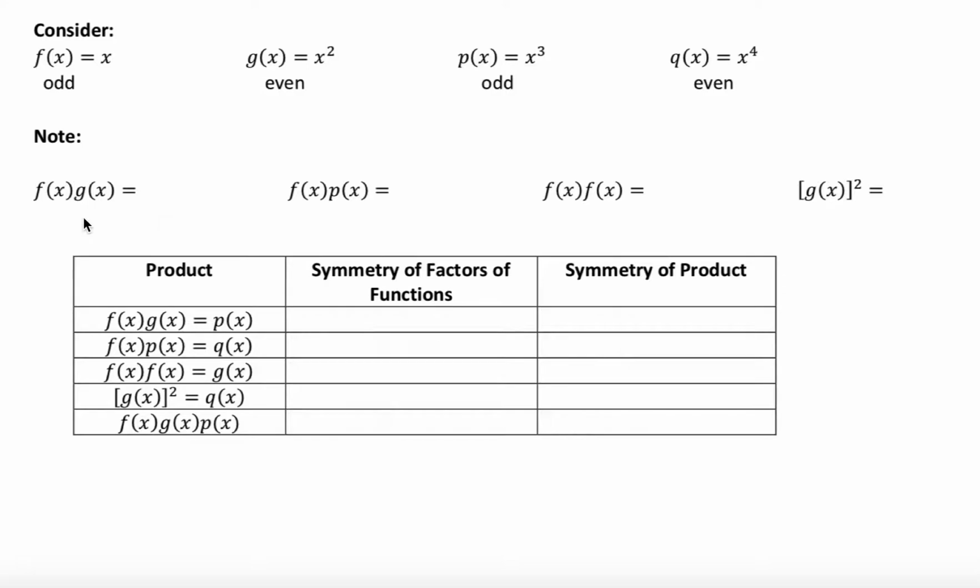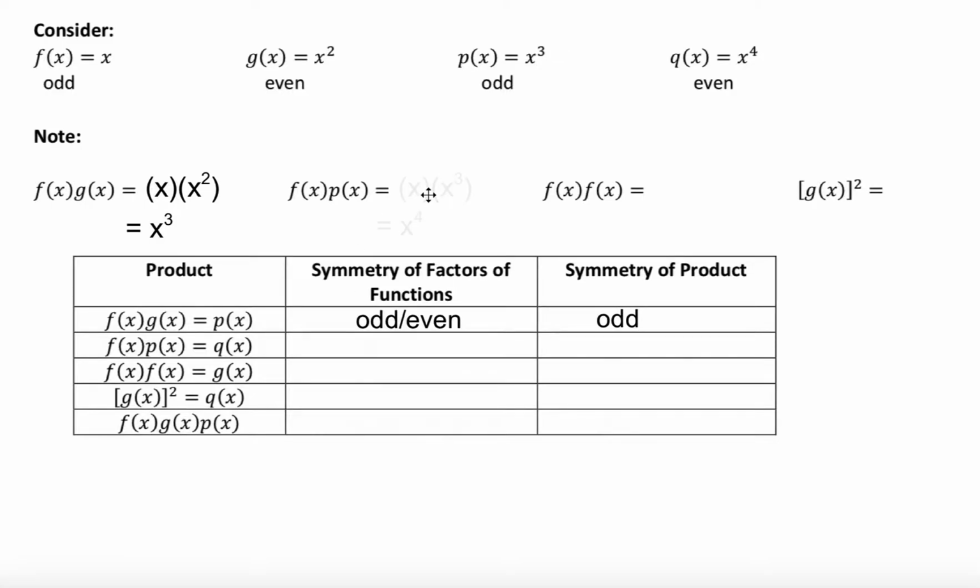Considering functions, what we're doing here is looking at whether they're odd or even in degree. The odd ones are rotationally symmetrical, excuse me, and the even ones are symmetrical about the y-axis. If I'm looking at multiplying functions, I literally just multiply them together. In this one, we have an odd and an even, which will become odd.